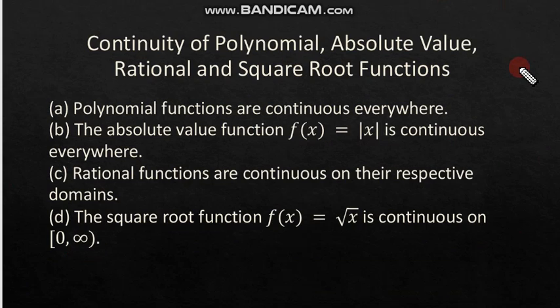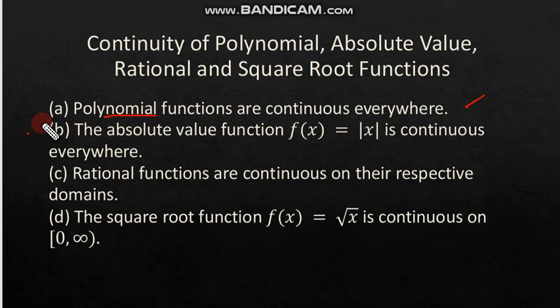Okay, another thing to remember, the continuity of polynomial, absolute value, rational, and square root functions. Polynomial functions are continuous everywhere. Again, if our function is a polynomial function, for all values of x in the domain, it is continuous.